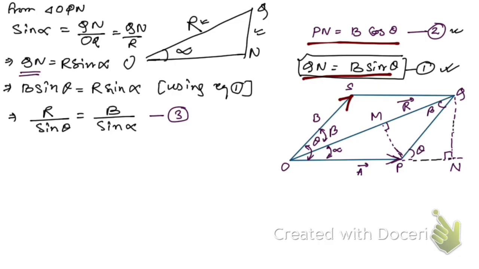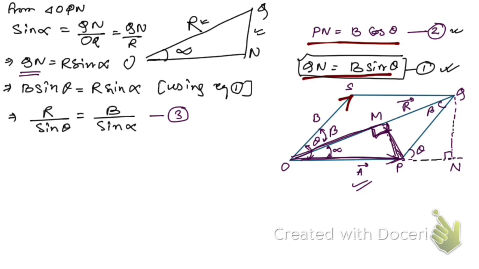Now let me take this triangle OPM. From this triangle, you see this is the right angle, so OP is the hypotenuse here and PM is the perpendicular. Hope you can see the triangle clearly.